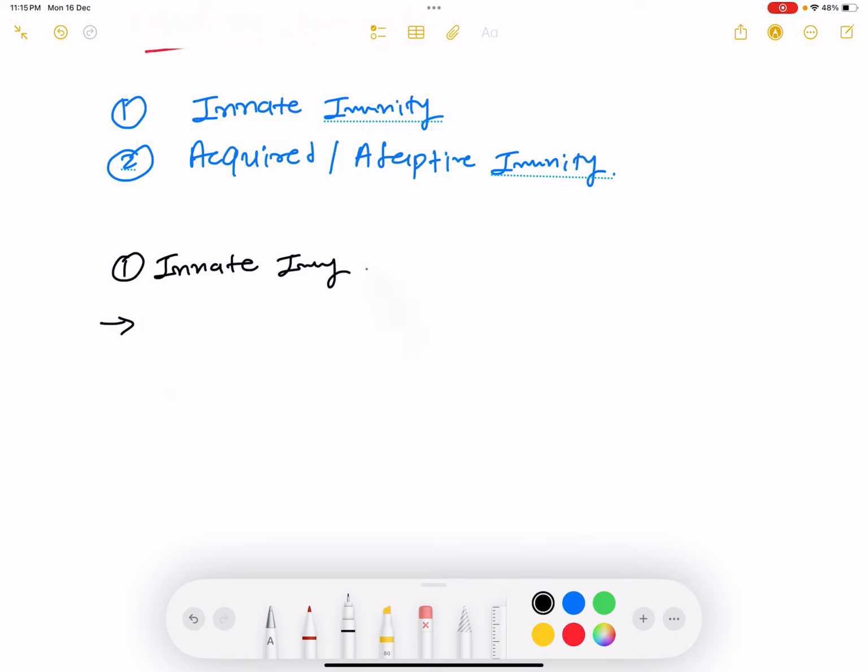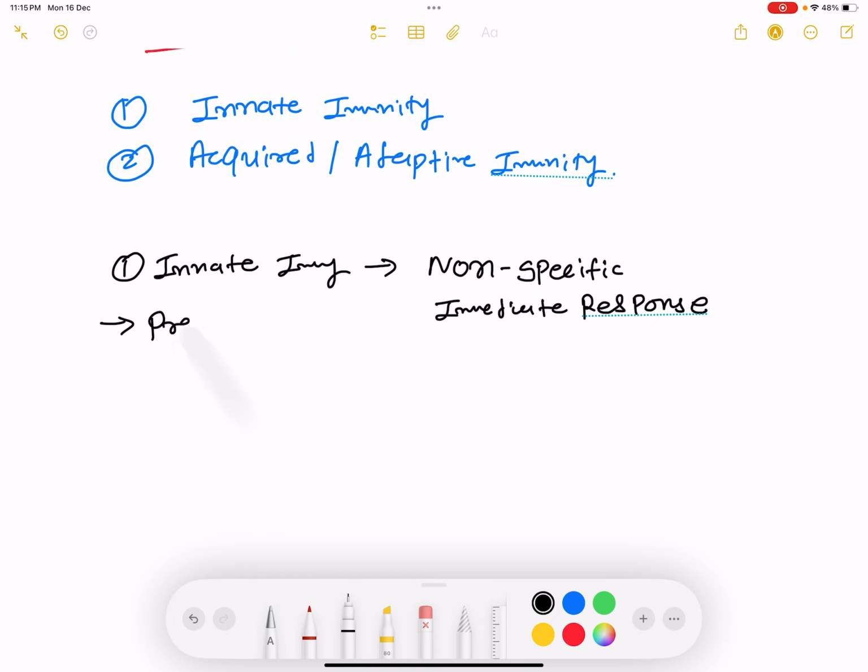So first, innate immunity. Innate immunity is a non-specific and immediate response. It is present from birth.